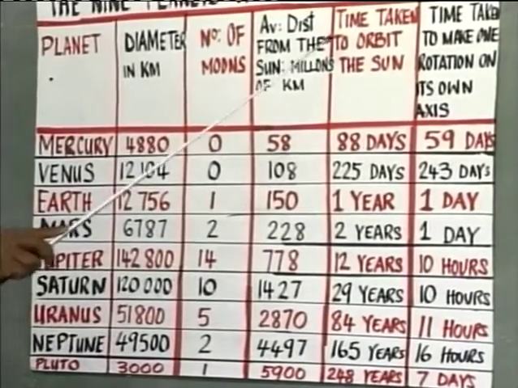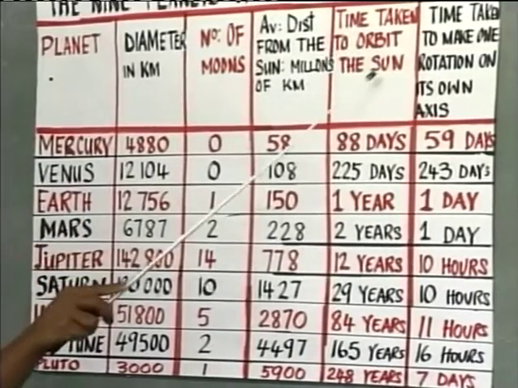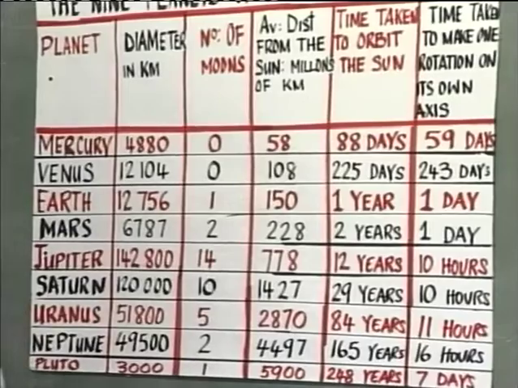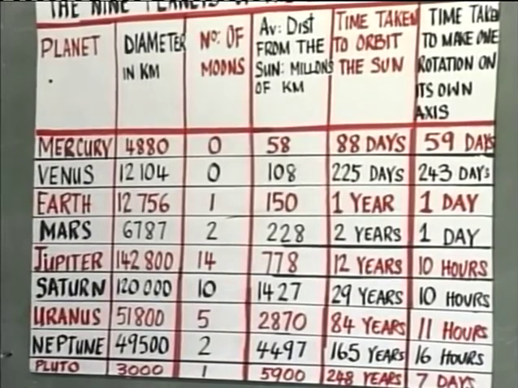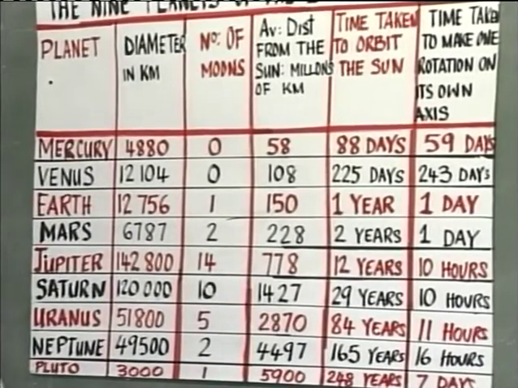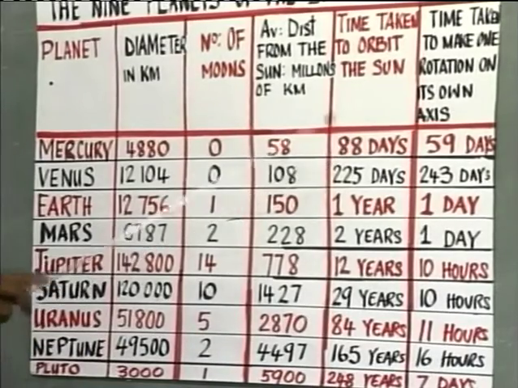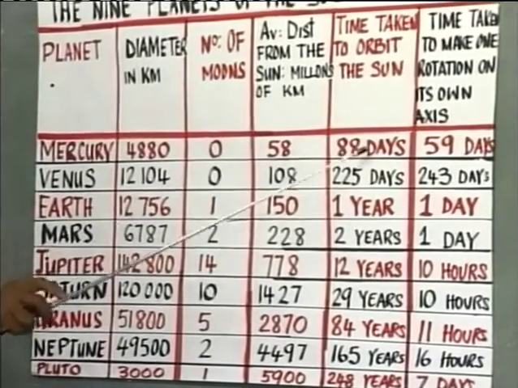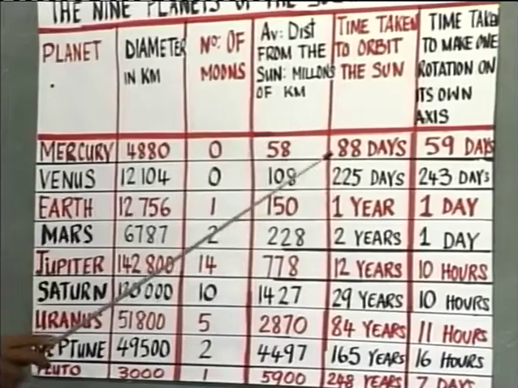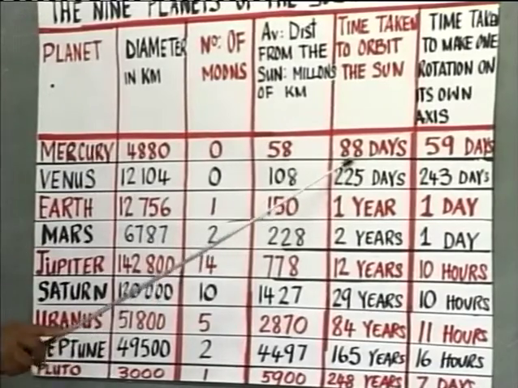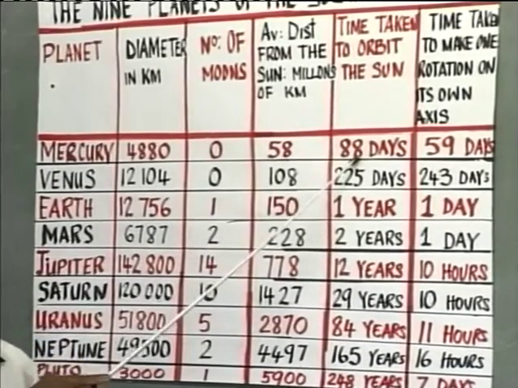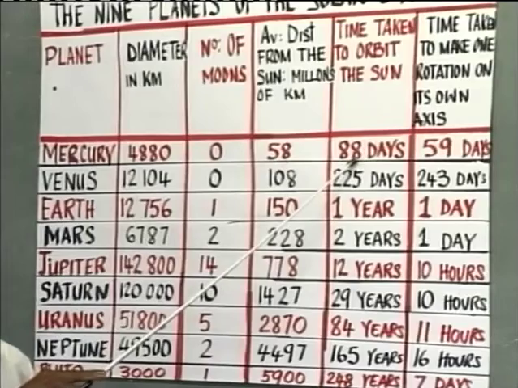Okay, we move on. The time taken to orbit the sun. This is the next movement that we are going to move on to, and that is the movement of revolution. We already noted the rotation, but let's look at the amount of time it takes for each of those planets to orbit the sun. Mercury will take 88 days to complete one full revolution.